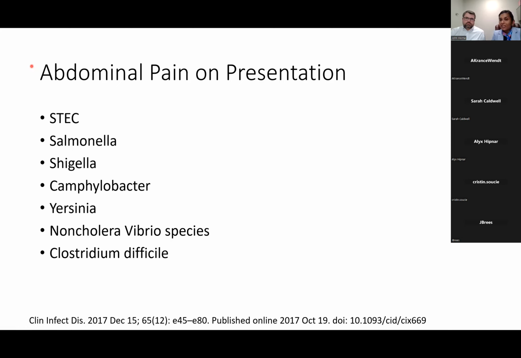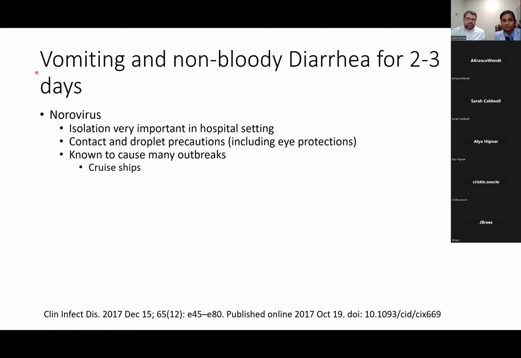We don't see a lot of cases where we live, but I have seen a couple of cases where patients traveled to a coastal area like Florida and they came back really sick and then ended up having Vibrio. Also, you could get Vibrio vulnificus infection, for example, if you're eating raw oysters and you have liver disease. So think about seafood and Vibrio and seawater is what I think about when it comes to that.